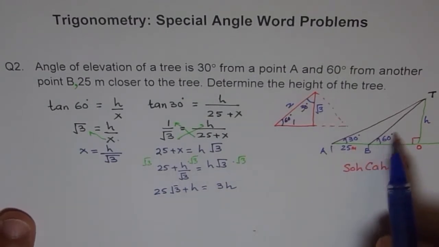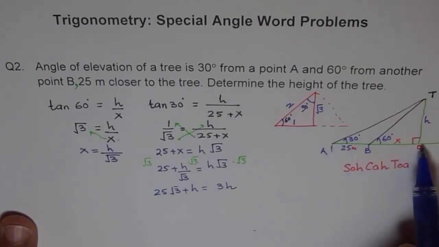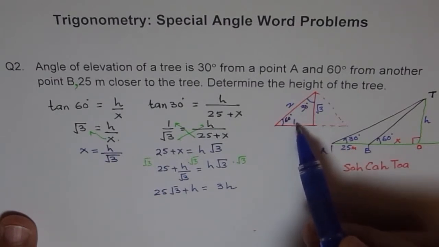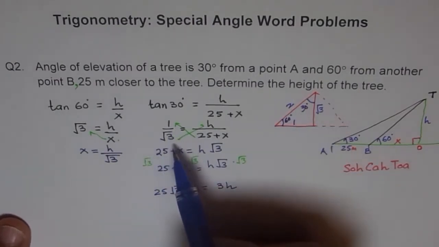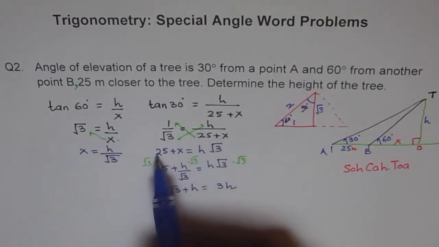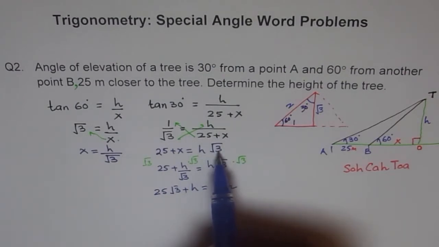Now for the other triangle, the bigger one, tan 30 was h over 25 plus x, right? The whole base, right? And tan 30 from here is 1 over square root 3. So we wrote here. And then we simplified this expression by cross multiplying. We got 25 plus x here and square root 3h there, correct?